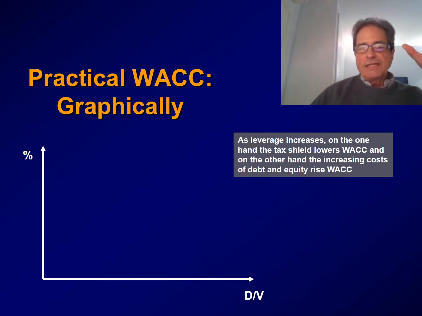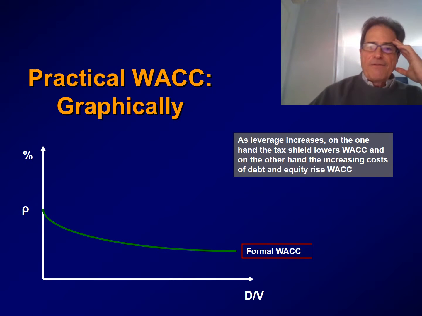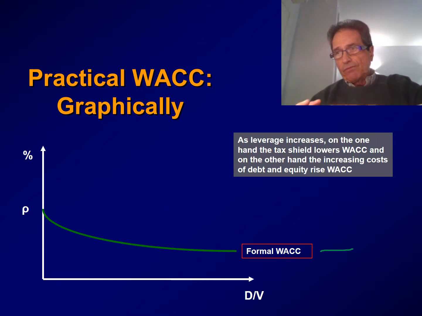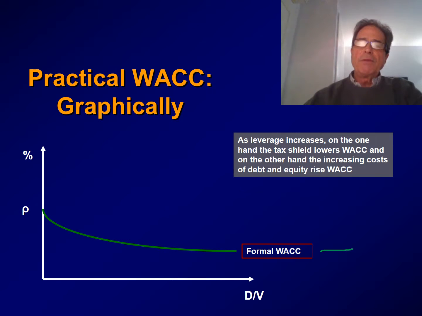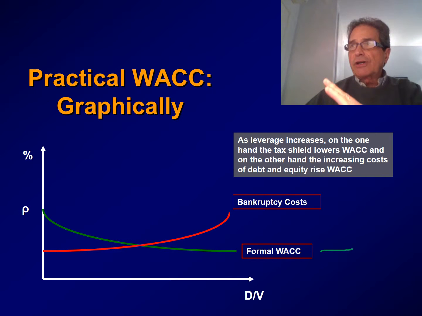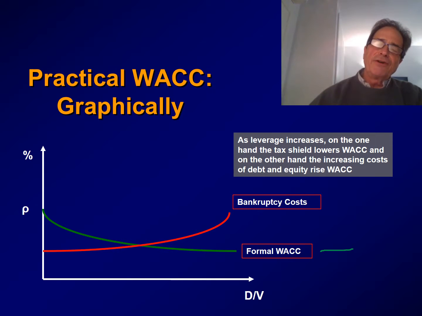If we want to understand the practical WACC in a graphical way, first we might imagine a curve reflecting the formal WACC. We know that as we increase the level of leverage, the value of WACC from the formal WACC formula goes down and the value of the firm increases. But as soon as we start to affect the WACC rate by including the default spread, there is a countervailing force bringing up the discount rate WACC, because the more indebted the firm is, the higher the default spread and the higher WACC will be.